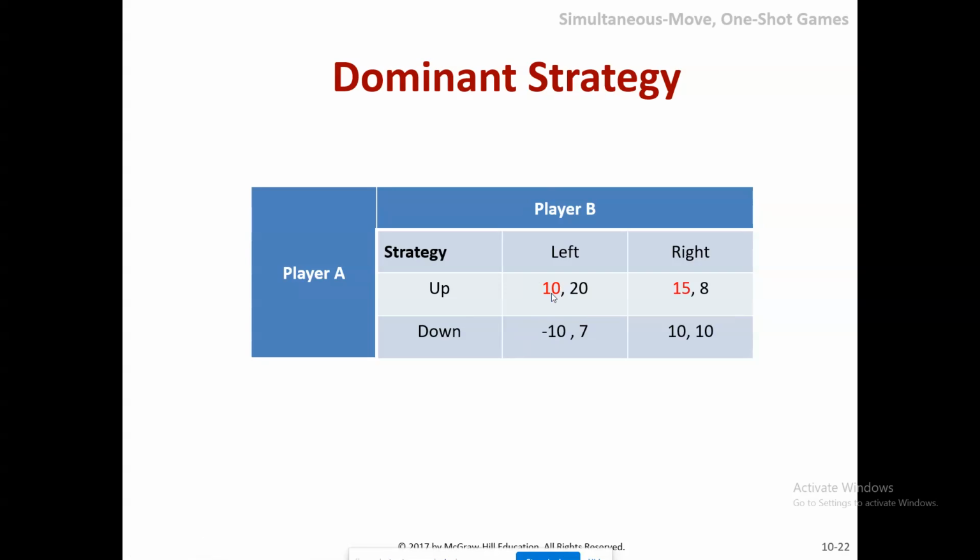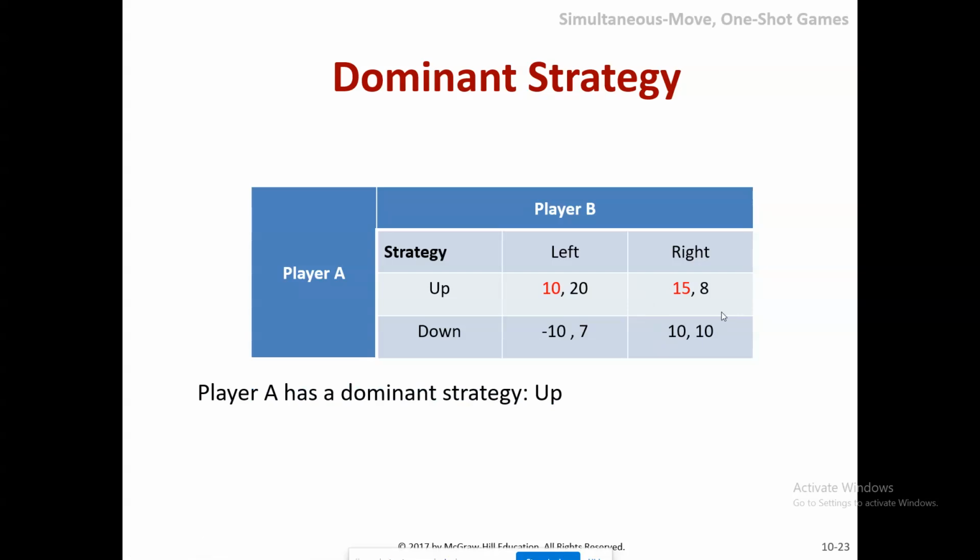Now, if B chooses right, A will still choose up because 15 is larger than 10. Therefore, up is A's dominant strategy. Regardless of B's choice, choosing up is the best for A. So up is the dominant strategy for A.